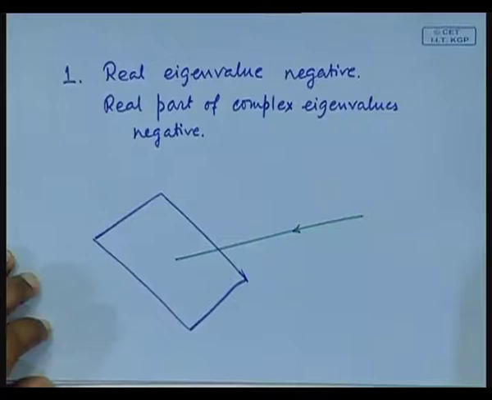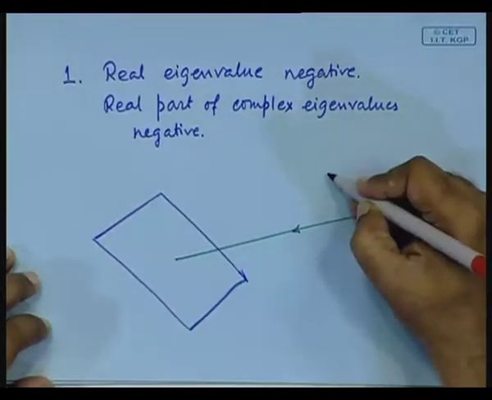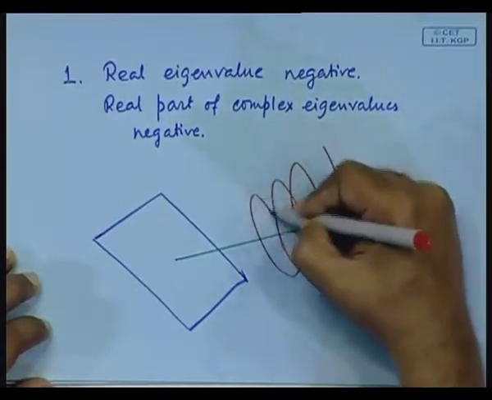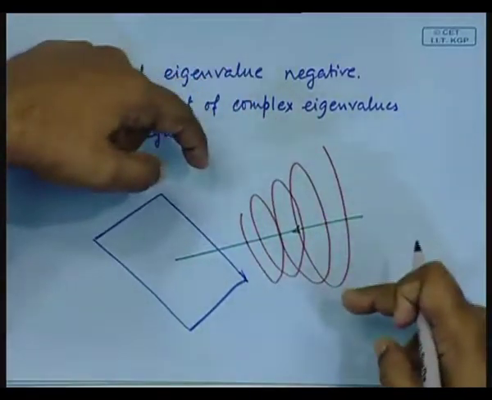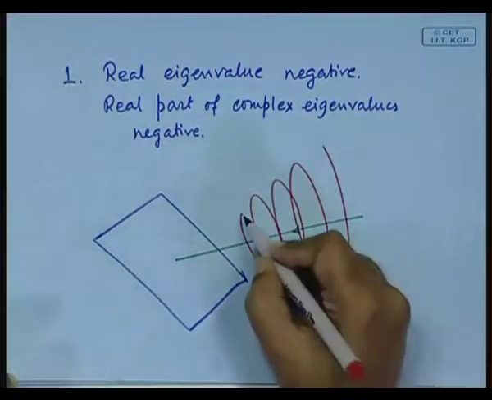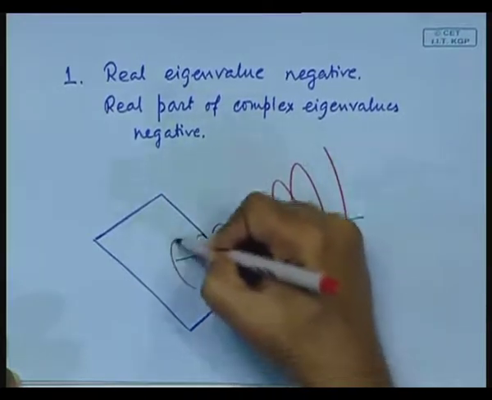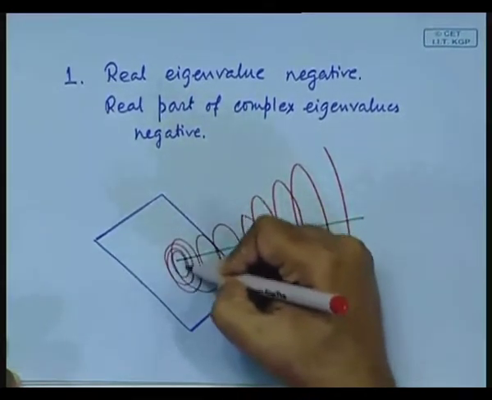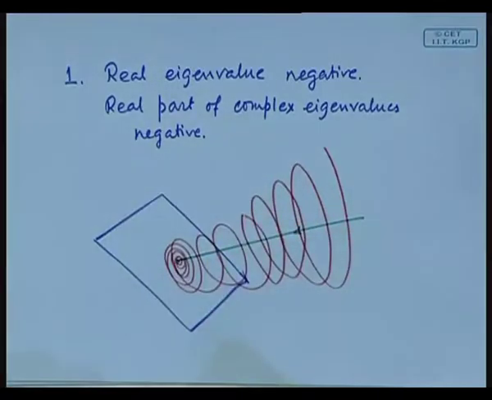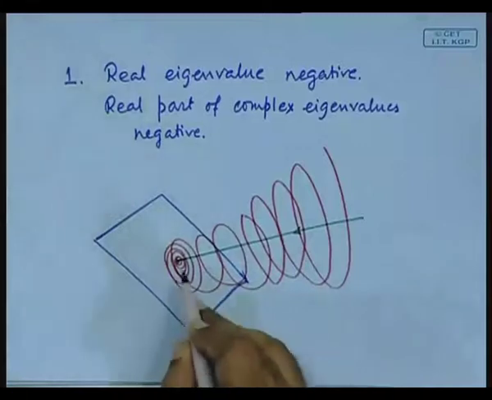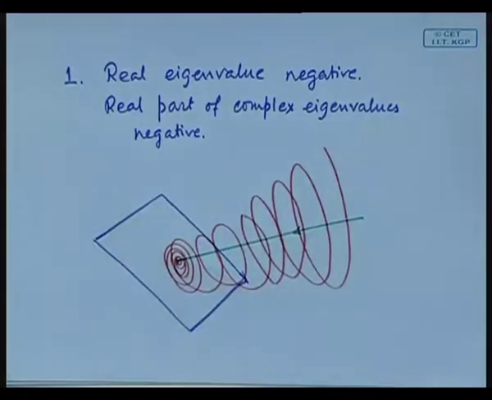Then the behavior will be, say starting from here, like a screw, all right, but it will not be just like that. Remember, ultimately it will converge onto this plane, and then on that plane it will finally home onto the equilibrium point.